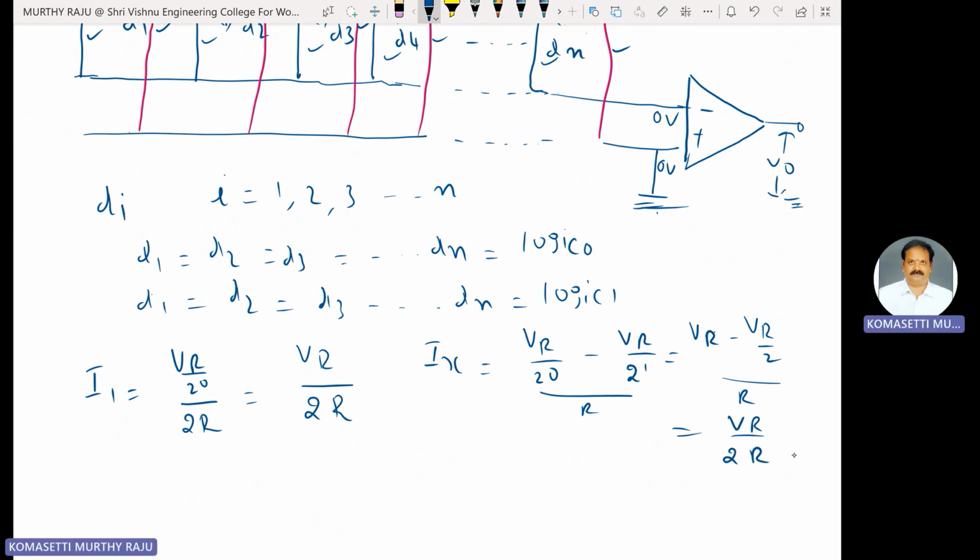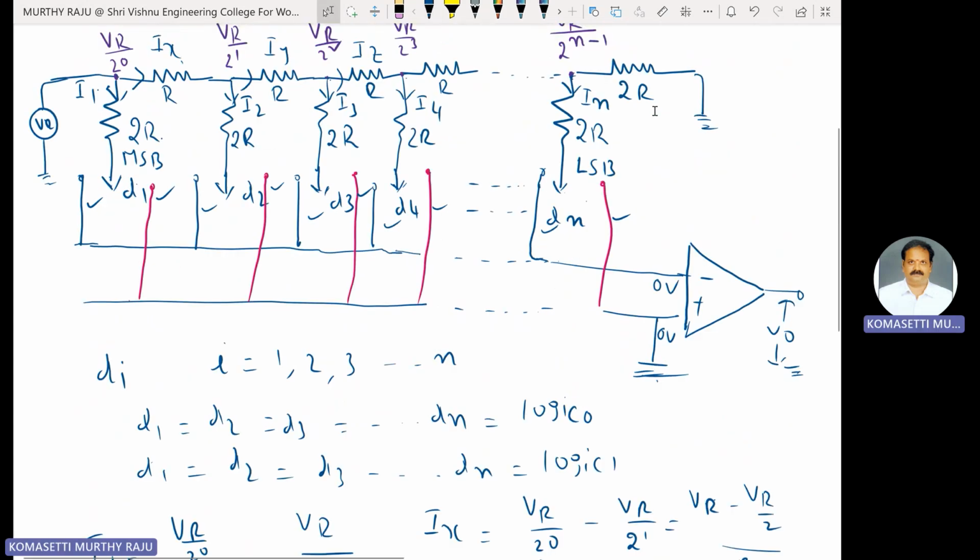VR by 2R is I1. Therefore, Ix is equal to I1.